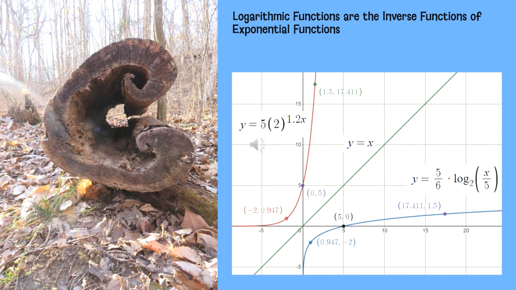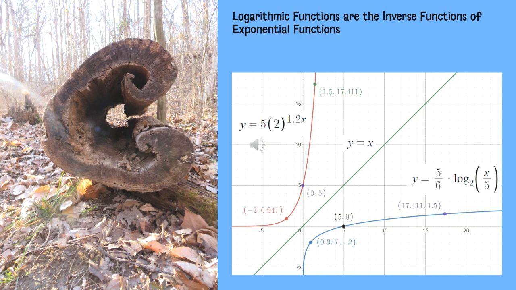For this particular exponential function, its entire inverse function is 5/6 times log base 2 of x divided by 5. Note that the exponential function has a y-intercept of (0, 5), and the log function has an x-intercept of (5, 0). Remember, with inverse functions, you reverse inputs and outputs.